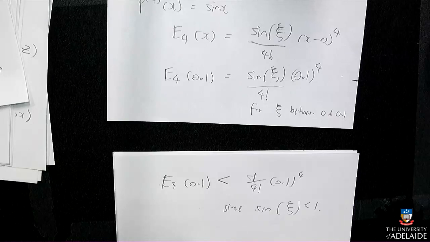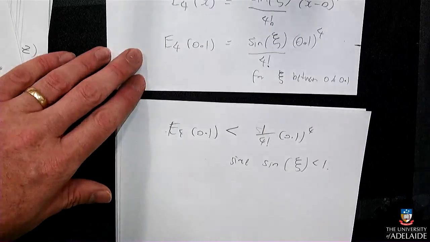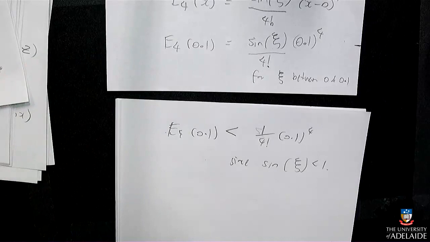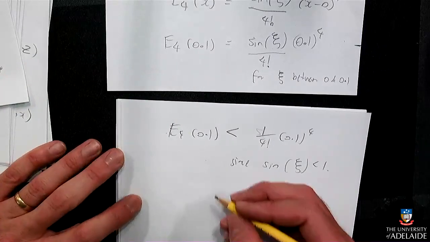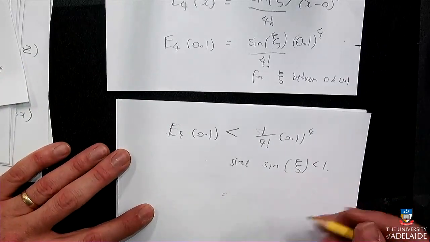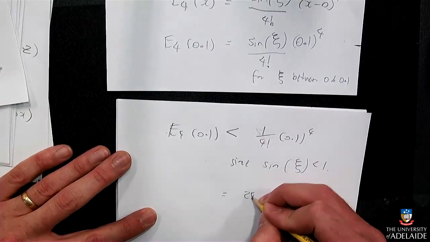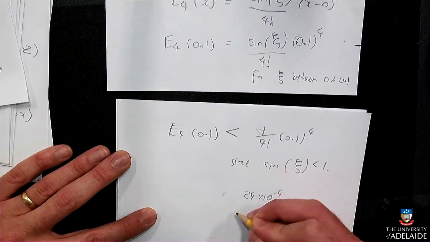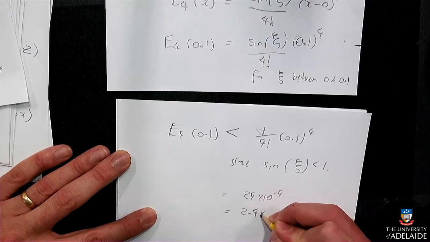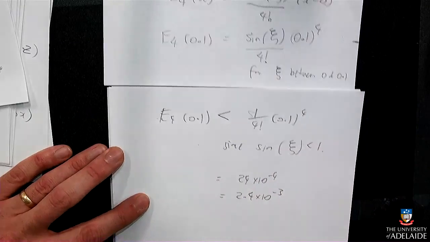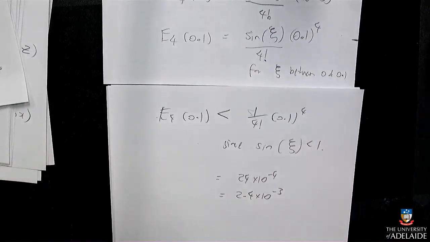Sine of 0.1 has got to be way smaller than that. And so I could probably even say it's less than a half, or even an eighth probably, but whatever. I'm going to run with that. It's definitely less than 1. And so that would be 24 times 10 to the minus 4. There you go. It's in nice scientific notation and everything.